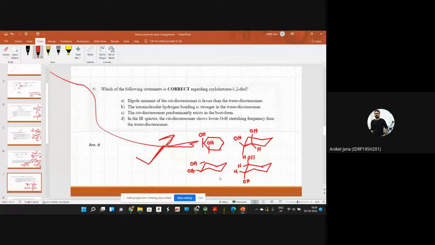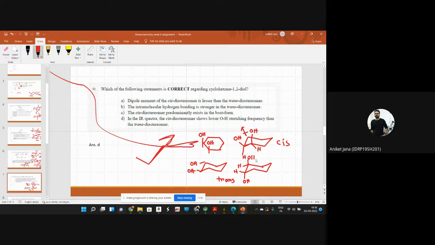Okay, so both of these are trans and this is cis. So now tell me regarding dipole moment, which conformer will have the more dipole moment? In case of the cis one, exactly, the cis one will have the more dipole moment, right? As one is axial and one is equatorial, so there will be a resultant.